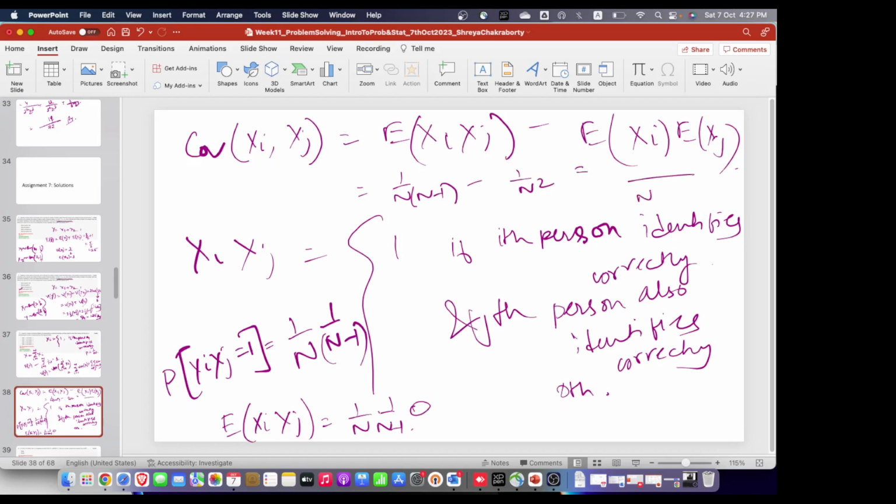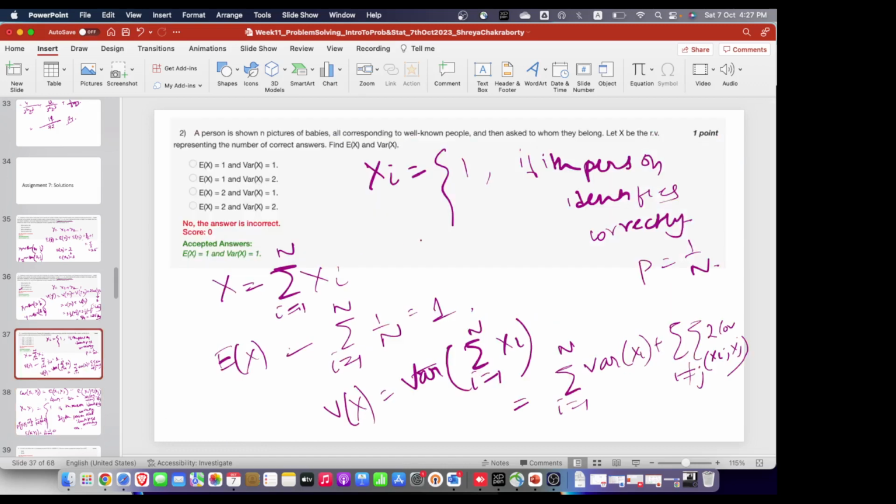So it would be n into n minus 1, this would be n minus n minus 1, so it would be 1 by n square into n minus 1 again, and then we'll substitute these covariance terms in the variance terms.